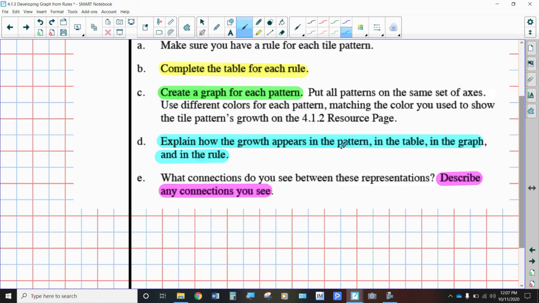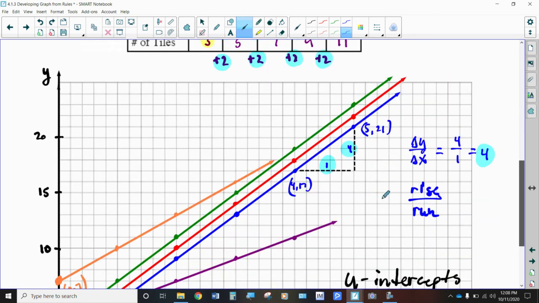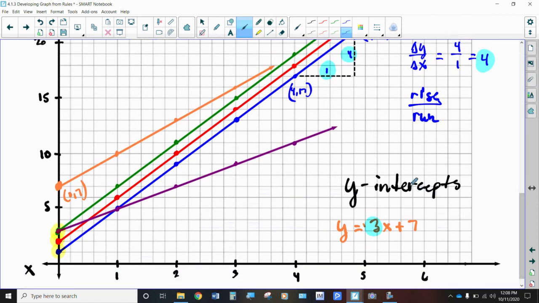But if you need to go back and rewatch the last 5 minutes where I'm describing where we see that growth happening in the rule, in the table, and in the graph, go ahead and rewatch that and see if you can put that into your own words. But as we move forward, understanding these connections is going to make it so much easier for you to complete your graphs, complete your tables, identify your rules, and then essentially solve problems that we're presented with after using these tools.